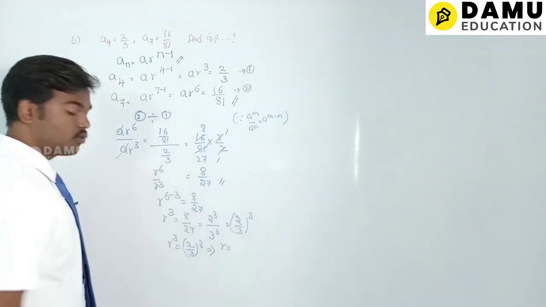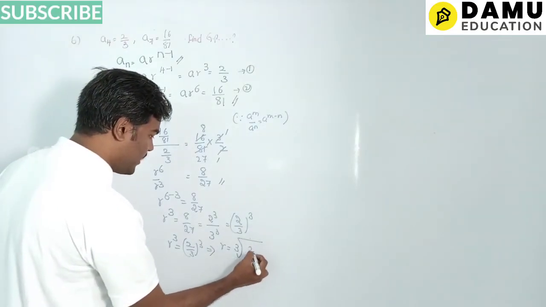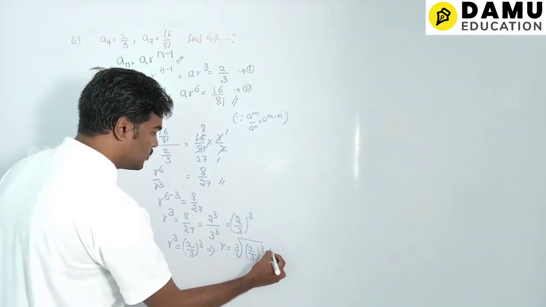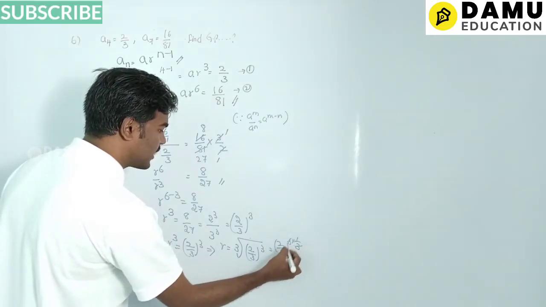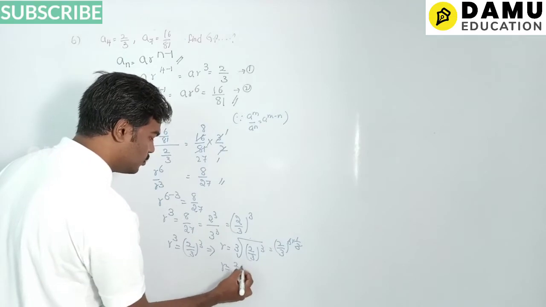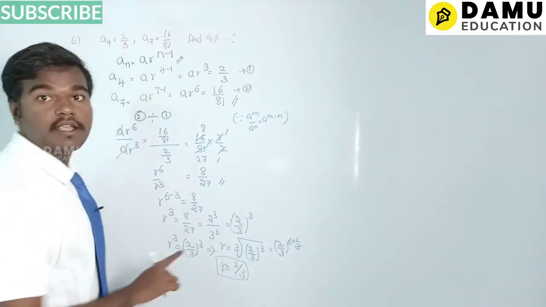Then r will be the cube root of 2 by 3 whole cube, that is 2 by 3 whole cube into 1 by 3. So r will be equal to 2 by 3.